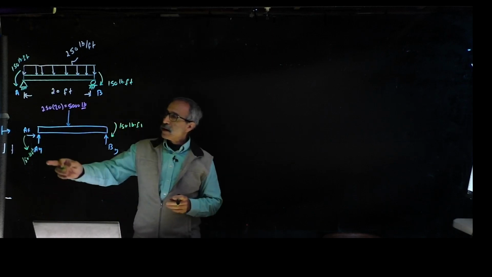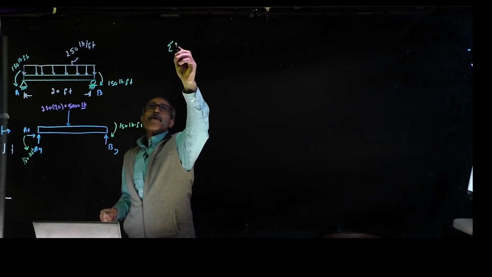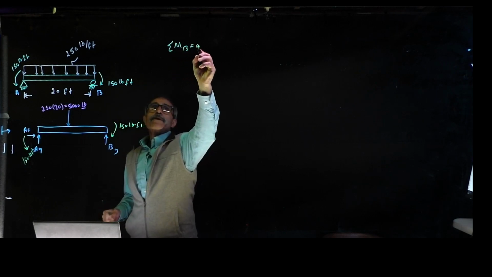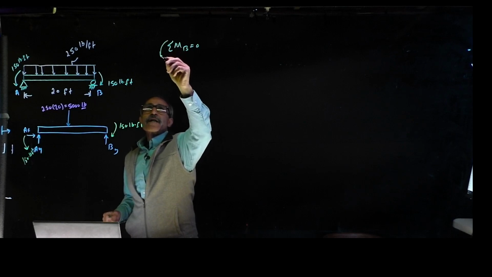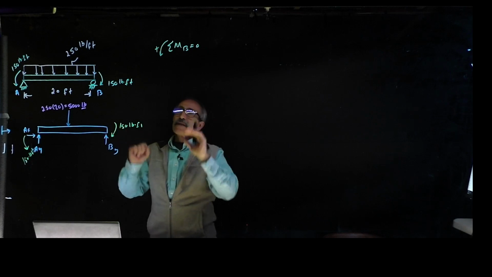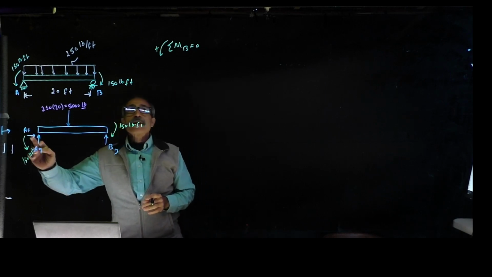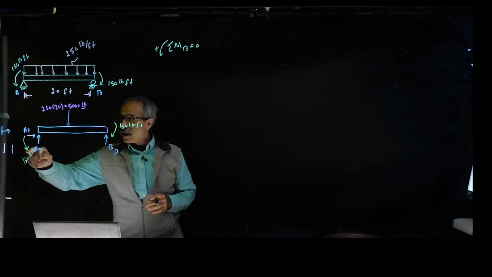So how do I calculate the reaction if I take a moment about point B? Summation of moment about point B is equal to 0, and I'm going to say counterclockwise rotation is positive as our sign convention. This moment is positive already, that's 150.